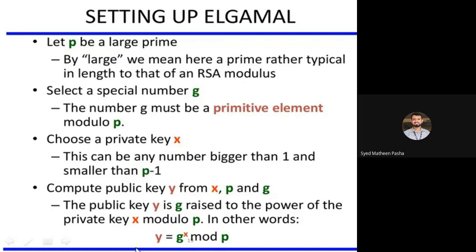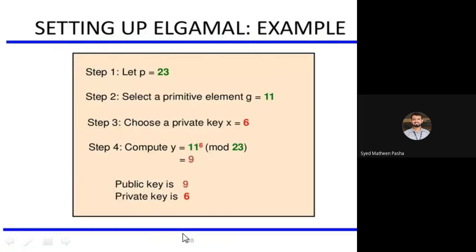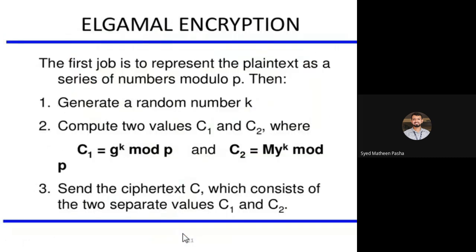With the help of this formula, you'll be calculating your keys. Okay. So if I'm working with ElGamal encryption, what should I consider? The first job is to represent the plain text as a series of numbers modulo P. That we did in the previous part. Now, after that, what can I do if I want to encrypt the plain text?